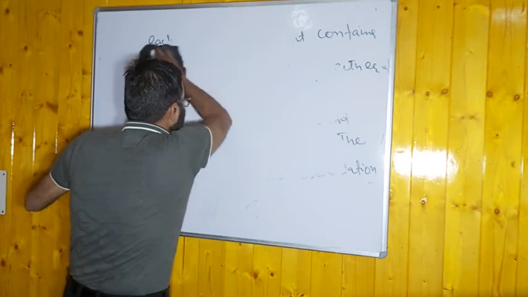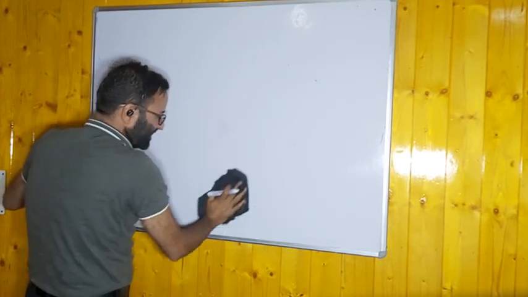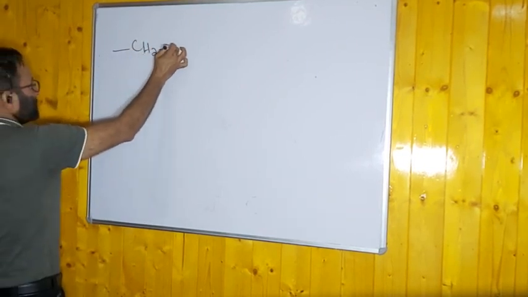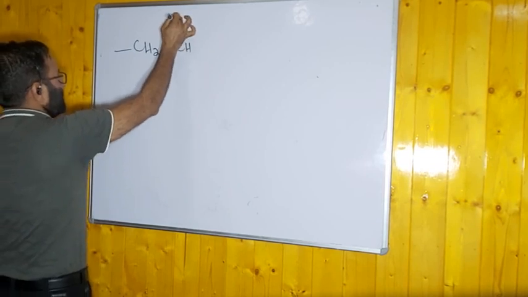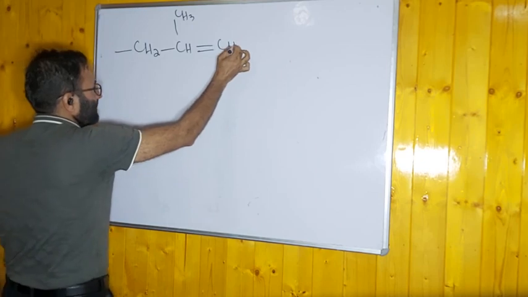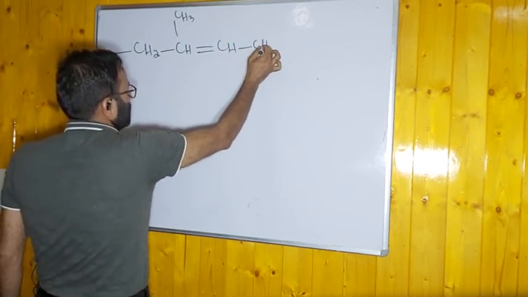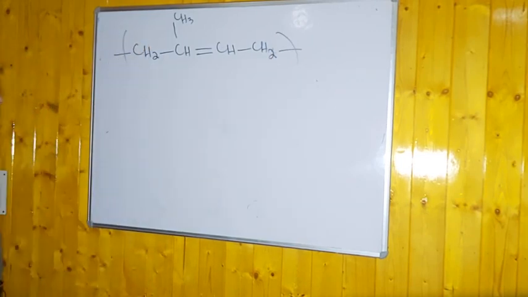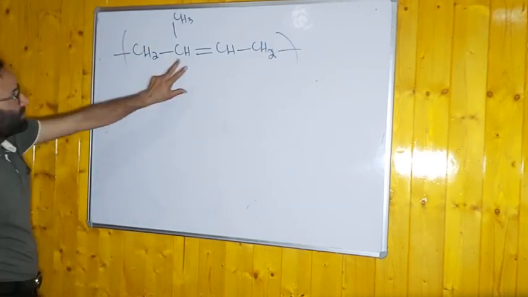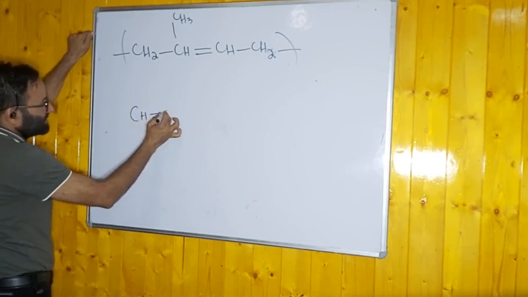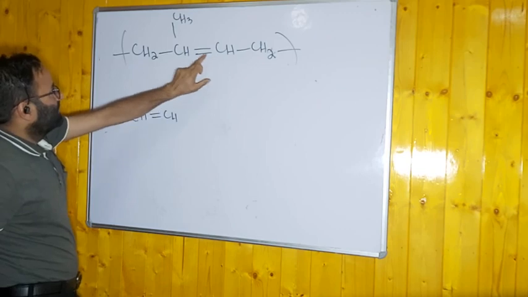Now we will draw the structure of natural rubber to understand the cis stereochemistry. This is polyisoprene, this is natural rubber, CH2, CH. Here there is a methyl group. Then we have a double bond. Then you have CH3, CH2. Now we'll draw the structure. We have a double bond, CH double bond CH, 1, 2, 3, 4.